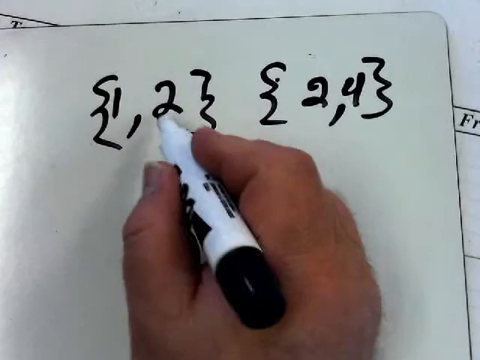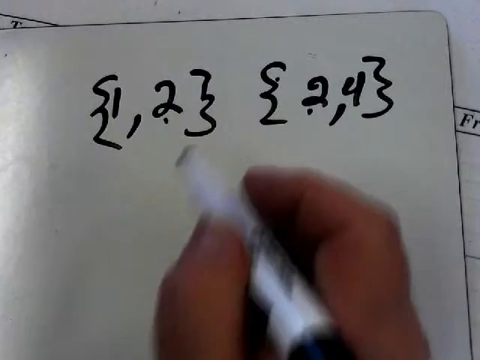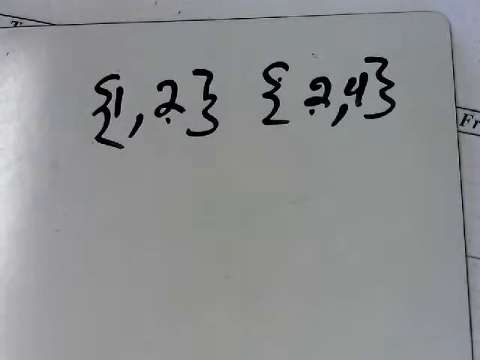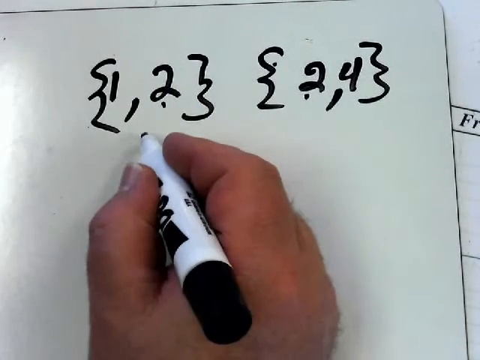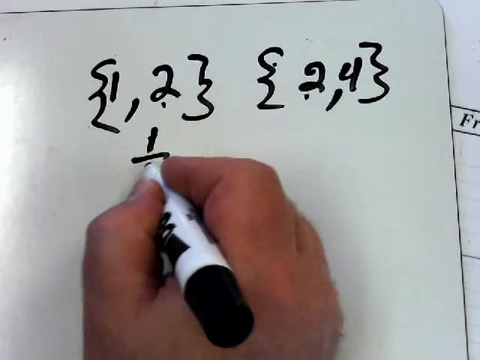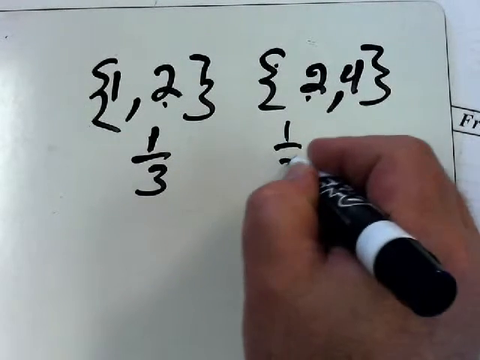There's actually something in common between them, right? So this is non-mutually exclusive. So I would toss this one. I would have a probability of 1/3. Correct? Over here I'd have a probability of 1/3.